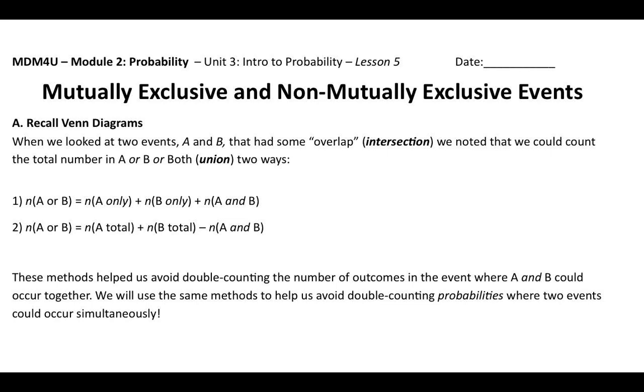So we had a couple ways to do that. If we had the Venn diagram and we populated it, then we could just take the number that were in A only, plus the number that were in B only, plus that little intersection.